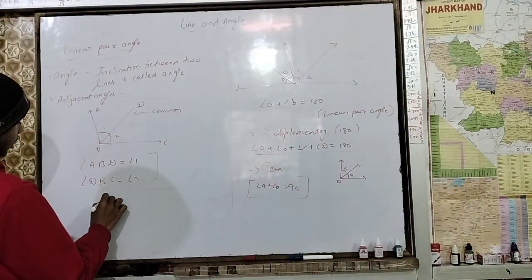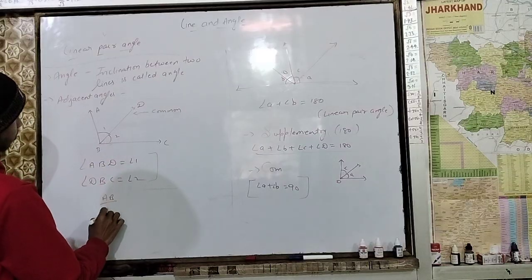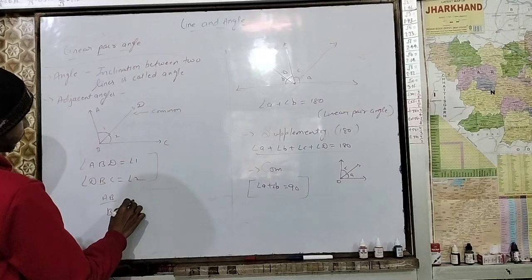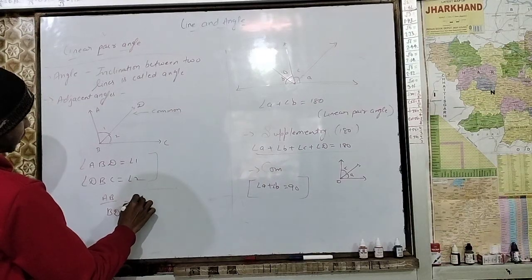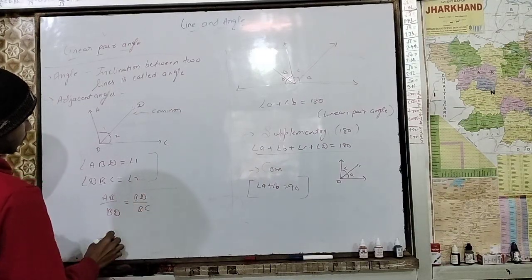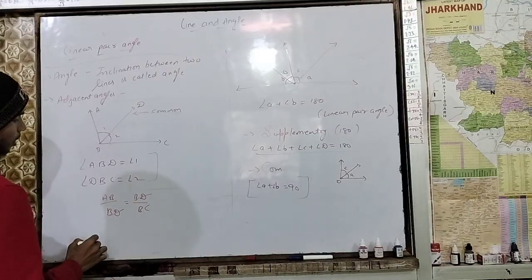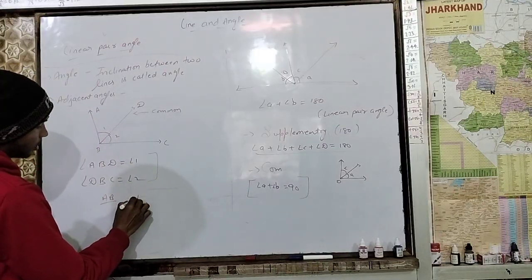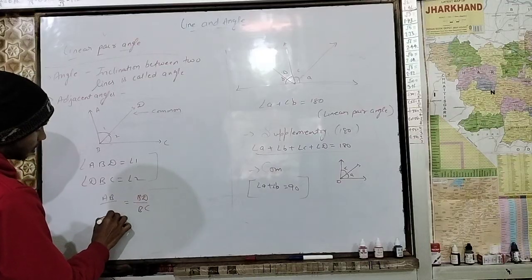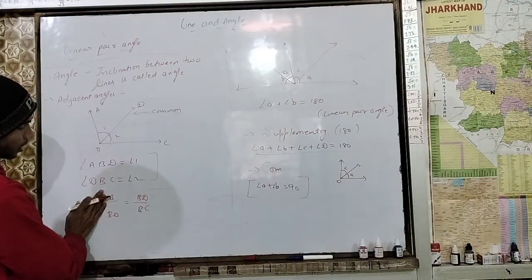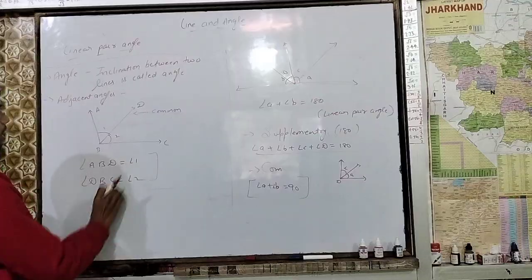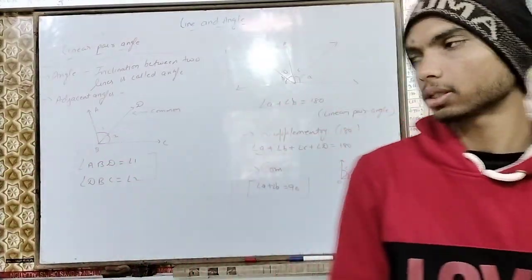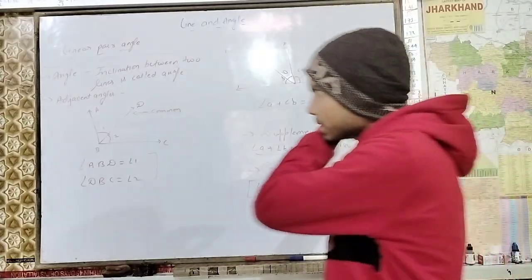Okay. AB upon BD is equal to, can you say, BD upon BC? In this equation, will they cancel each other? No, impossible. Right now, you can ignore this part. Just understand, B is coming as common. That's it. So, what is an adjacent angle?